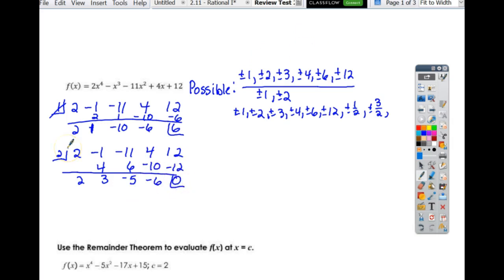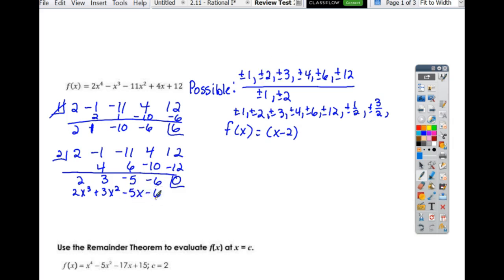So 2 works. So when I have my f of x, it's plus 2. So I'm going to get a minus 2. So now I'm going to check and see if this is factorable. So I get 2x to the third plus 3x squared minus 5x minus 6.